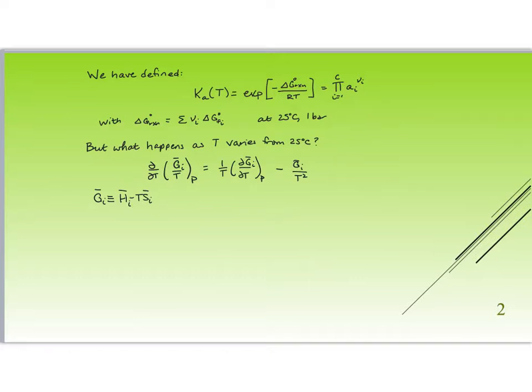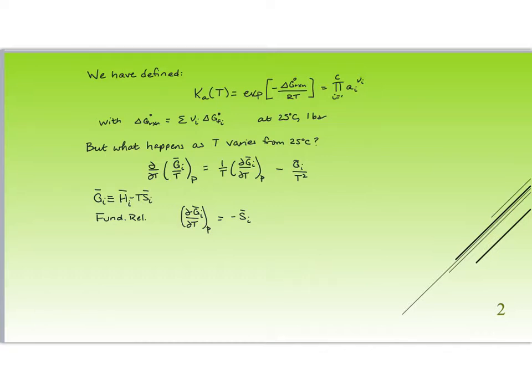I also have, from the fundamental relations, that dG_i/dT at constant pressure is negative S_i. And I can write it using the partial molar quantities or the pure species quantities, whatever.